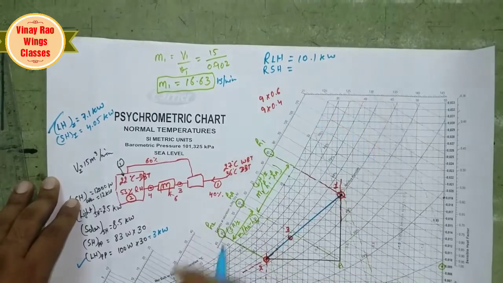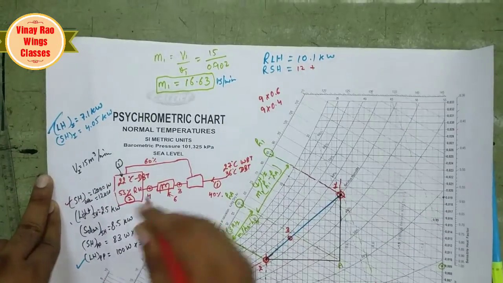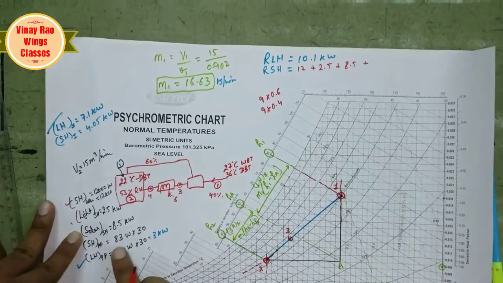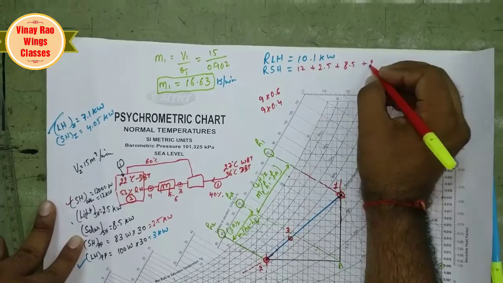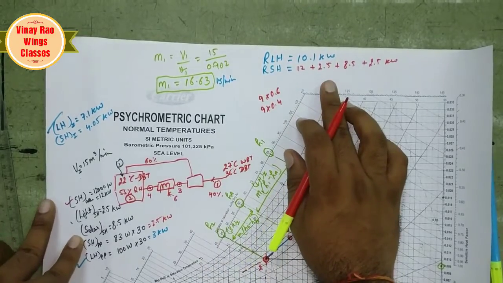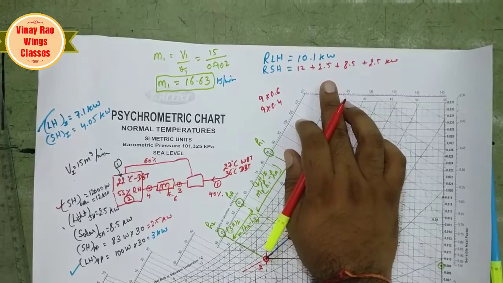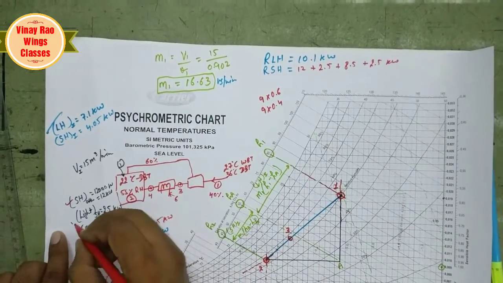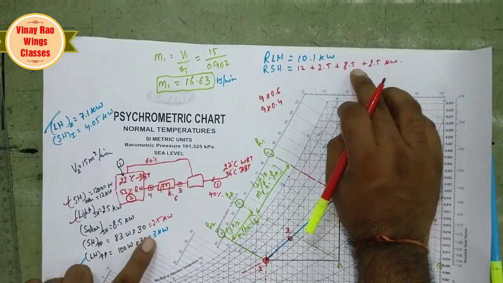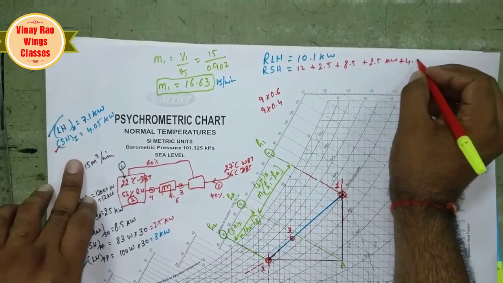Room sensible heat is equal to the sum of the room sensible heat parameters: sensible heat 12 kilowatt, plus lighting load 2.5, plus solar heat gain 8.5, plus per person 2.5 kilowatt, plus sensible heat due to infiltration 4.05 kilowatt.